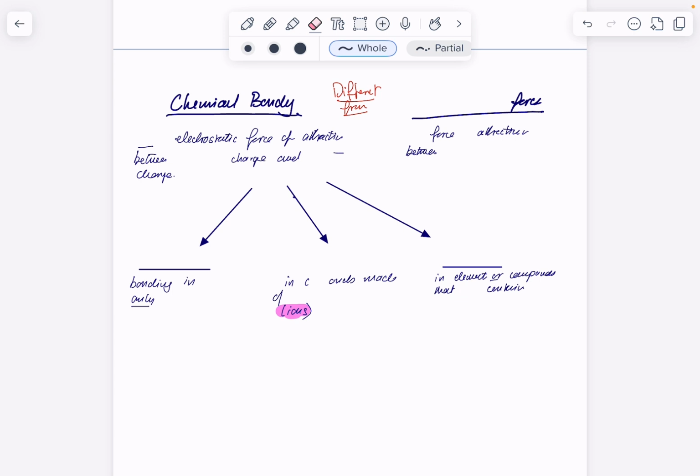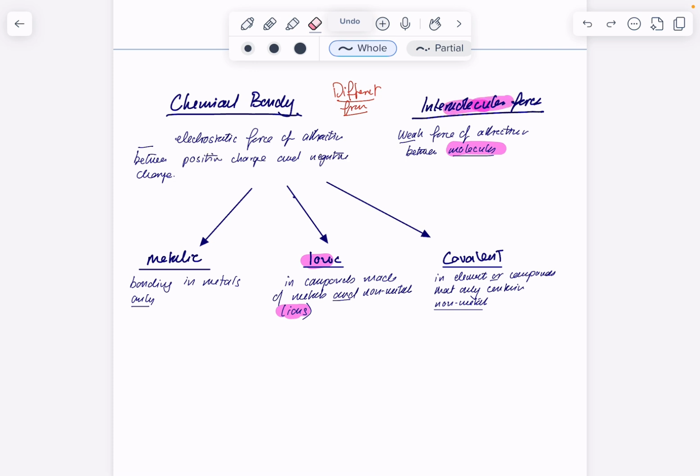Copy down this and try and fill in the gaps. So just pause the video and do that. Okay, check your answers, pause and check. Okay, moving on now.